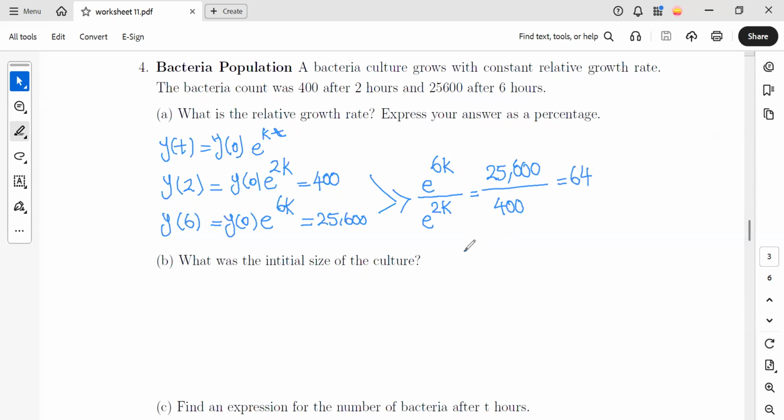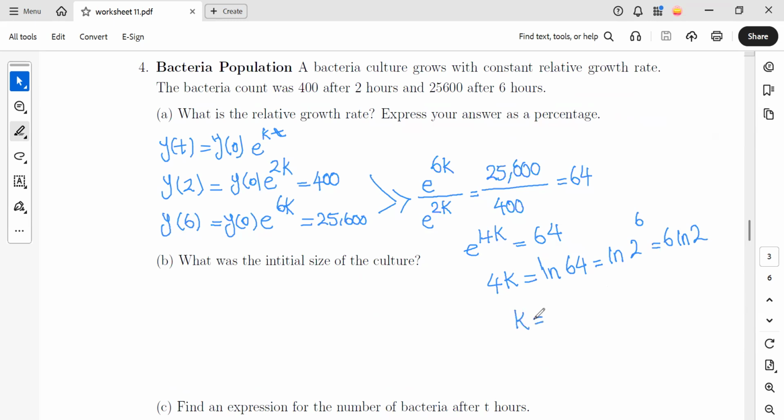So the left side is e to the power 4k and the right side is 64. It means that 4k is ln of 64. And to be easier, we can rewrite it as ln of 2 to the power 6, or we can use the formula and write it as 6 times ln of 2.